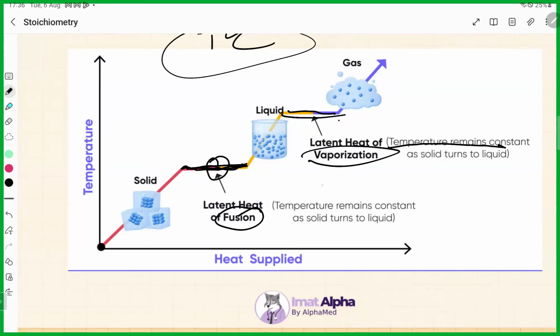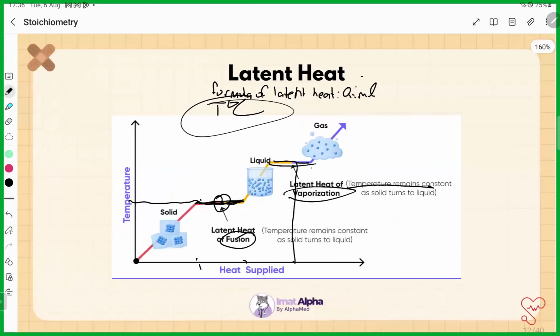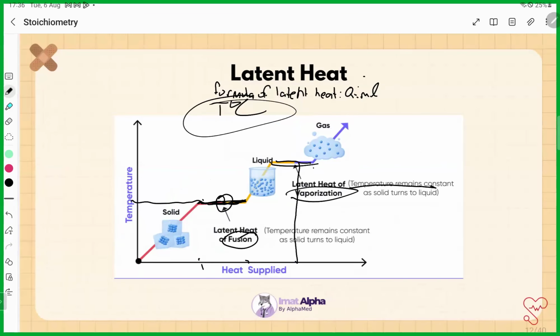So as we said, the latent heat is the amount of heat lost or gained by a process, losing or gaining an amount of calories while the temperature is constant.